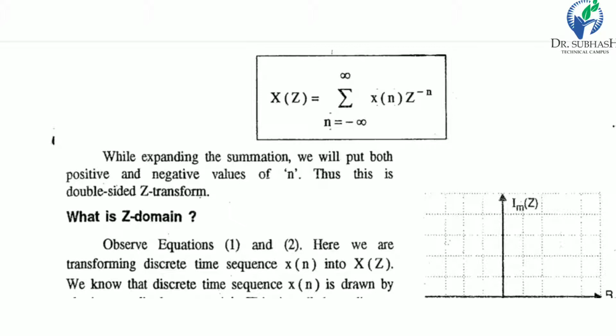While expanding the summation, we will put both positive and negative value of n. So it is called double-sided Z transform.